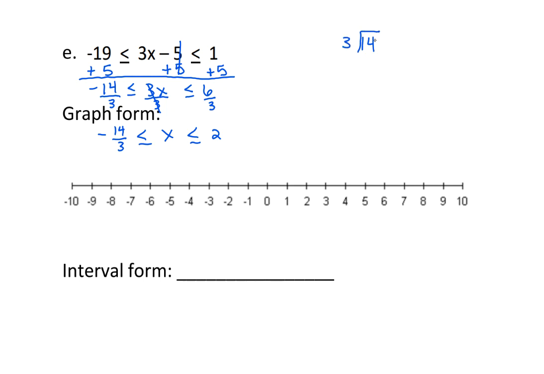So 3 will go into 14 four times. That gives me 12, so then I have 2 left over. And then I put 2 over 3. So negative 4 2/3 is the same thing as negative 14 over 3.